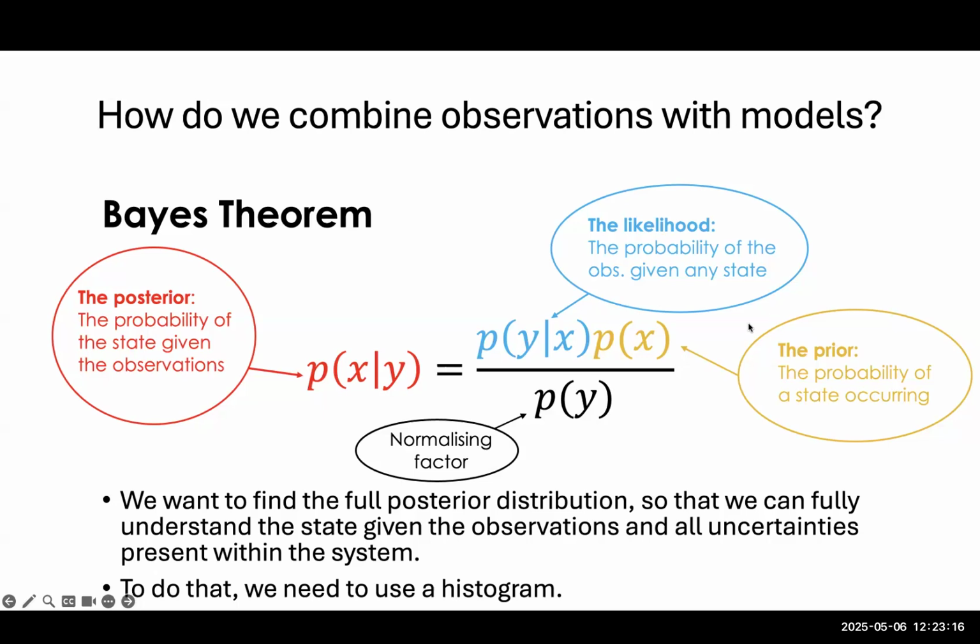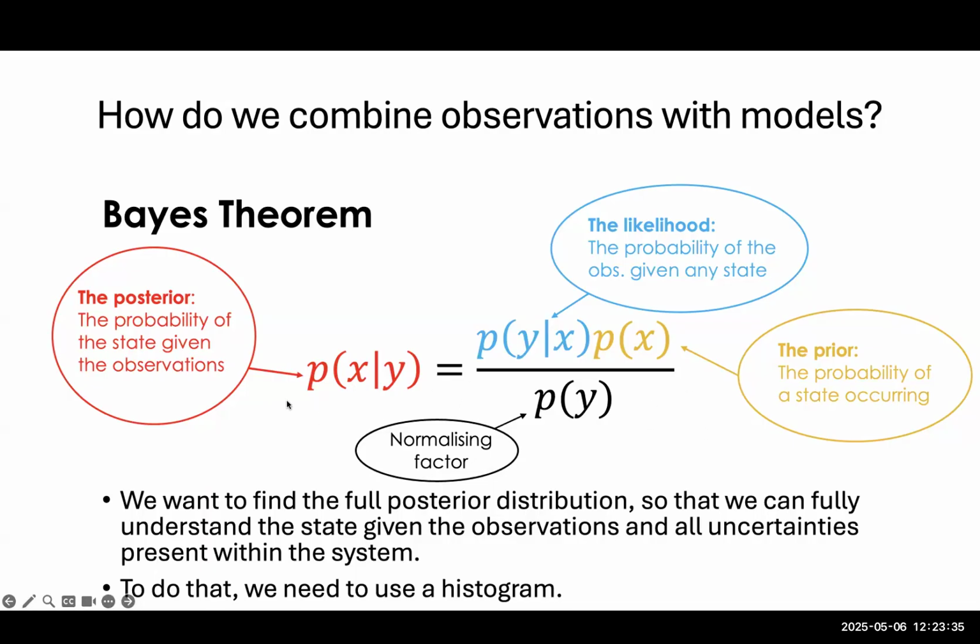And then we have the prior, which is the probability of a particular state occurring. So what's the probability that that particular structure of temperature in your room is true? And then a normalizing factor.